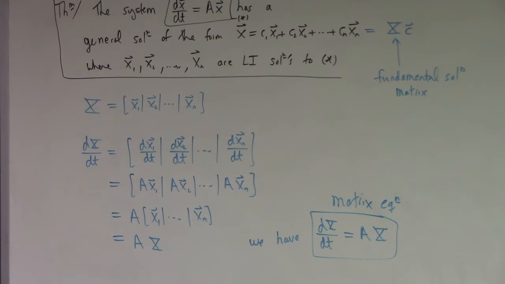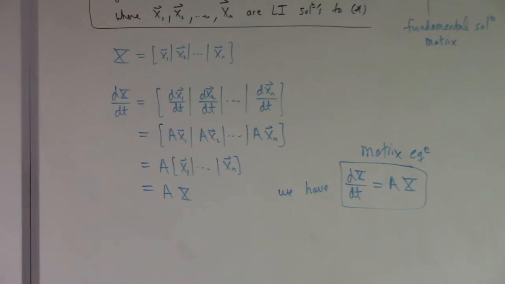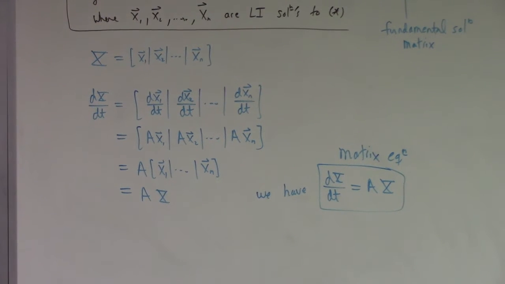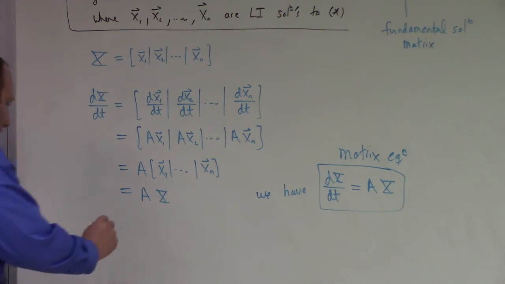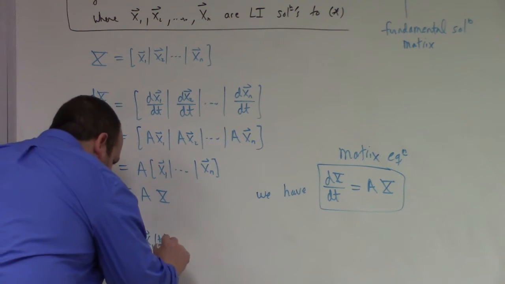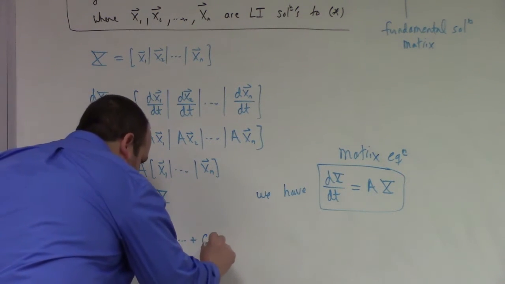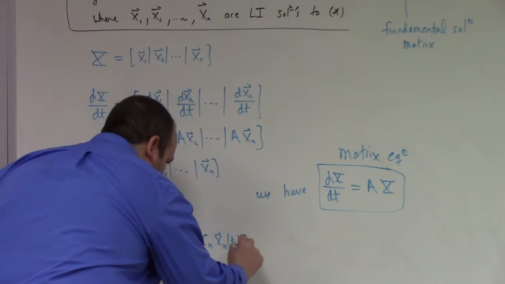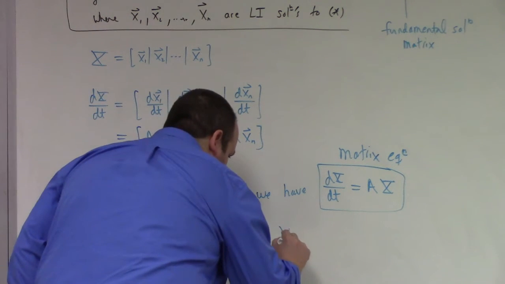And what's the other thing? For it to be a fundamental solution matrix, the other thing is more linear algebraic, let's say. It's that the columns have to be linearly independent in the sense of functions. So technically, the linear independence I'm talking about is like c1 x1 of t plus dot dot dot plus cn xn of t equals 0 for all t in the domain.